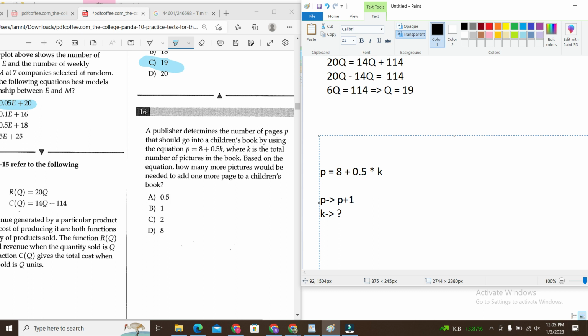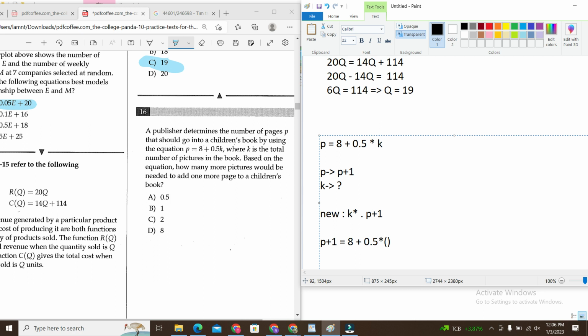Now we just call that new K, K star. So the new K is K star, and we have P plus 1 equal to 8 plus 0.5 of K star.